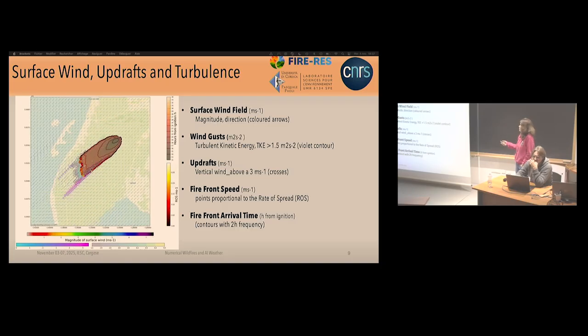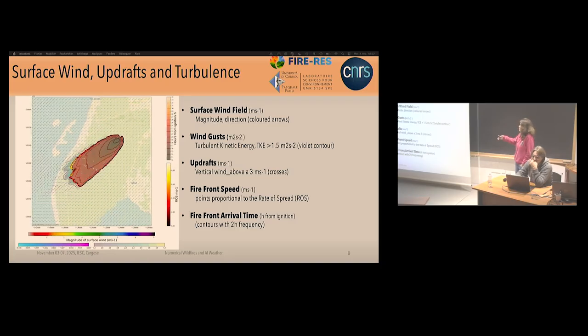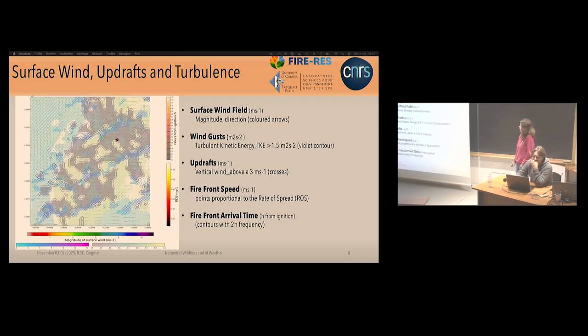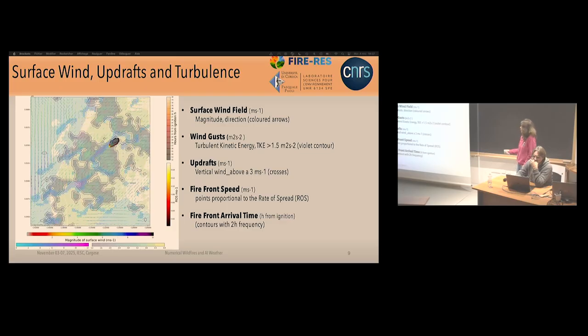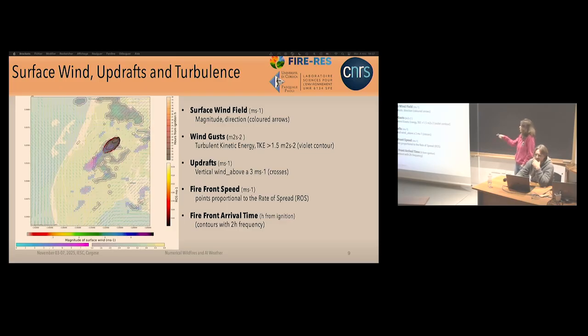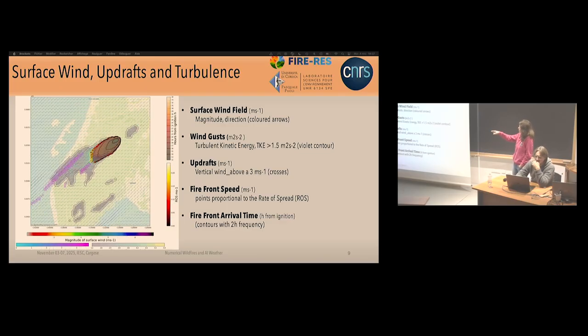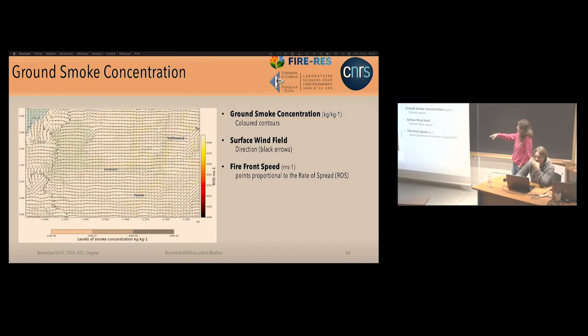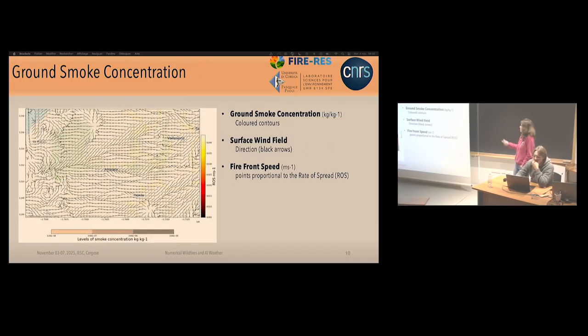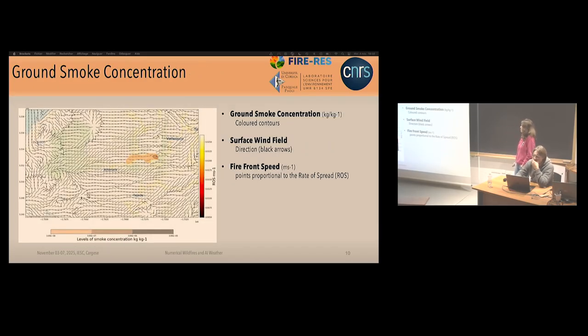Yes, it's just one hour time, one picture for one hour. But here, for instance, we are plotting the wind at the surface together with the region of Cargèse turbulence, the fire front with the faster points, and the stronger upper winds.